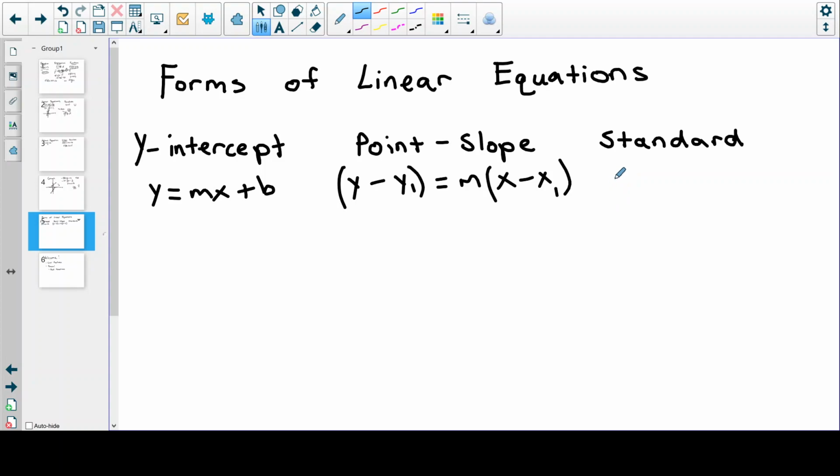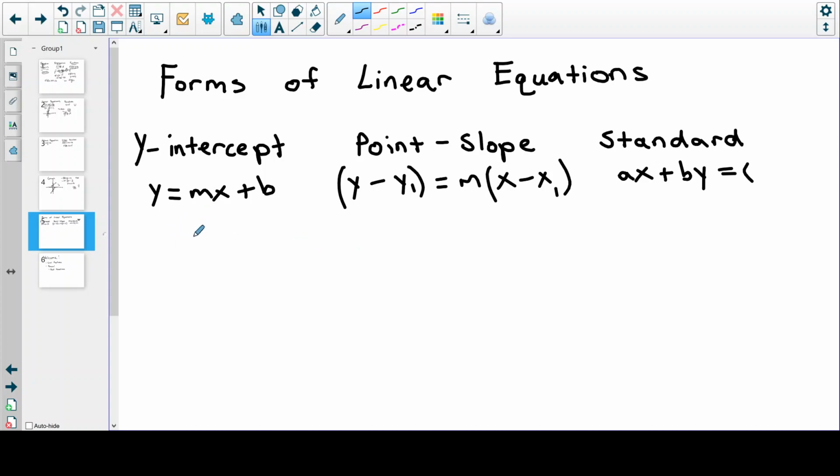But first I want to touch on standard form. So standard form is our last and third form, and that's usually written with like an ax plus by, which is not the same b as a y-intercept, but you can write it that way, equals c. So we'll discuss each of these in detail, but first I want to start with the y-intercept.